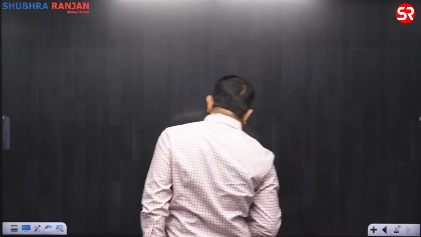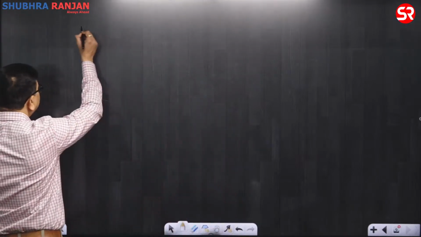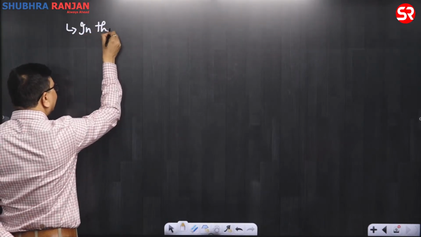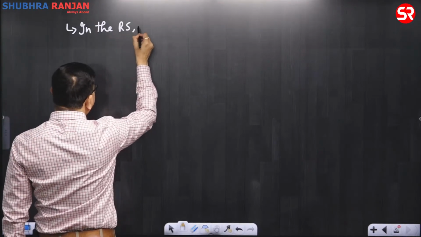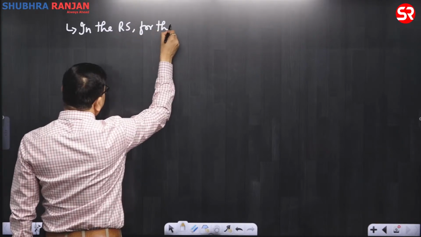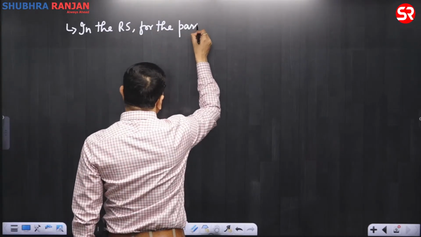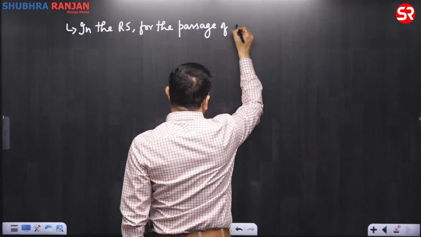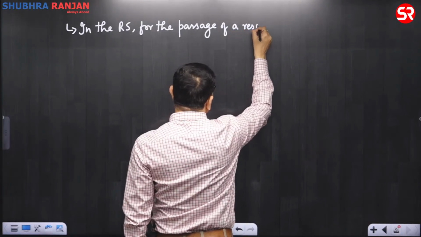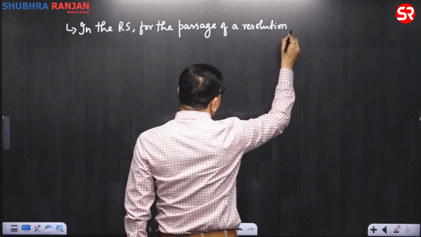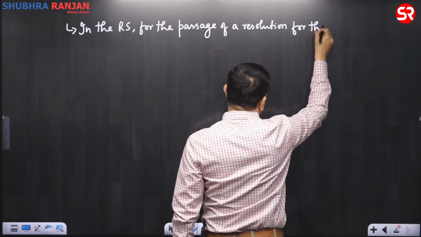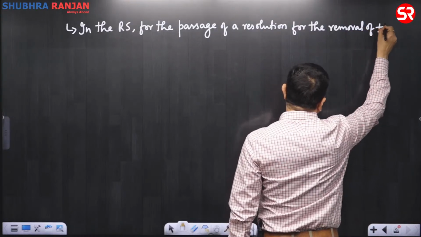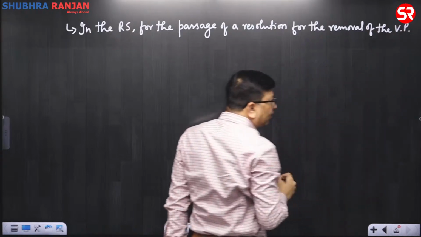This majority is required first in the Rajya Sabha for the passage of a resolution for the removal of the vice president.